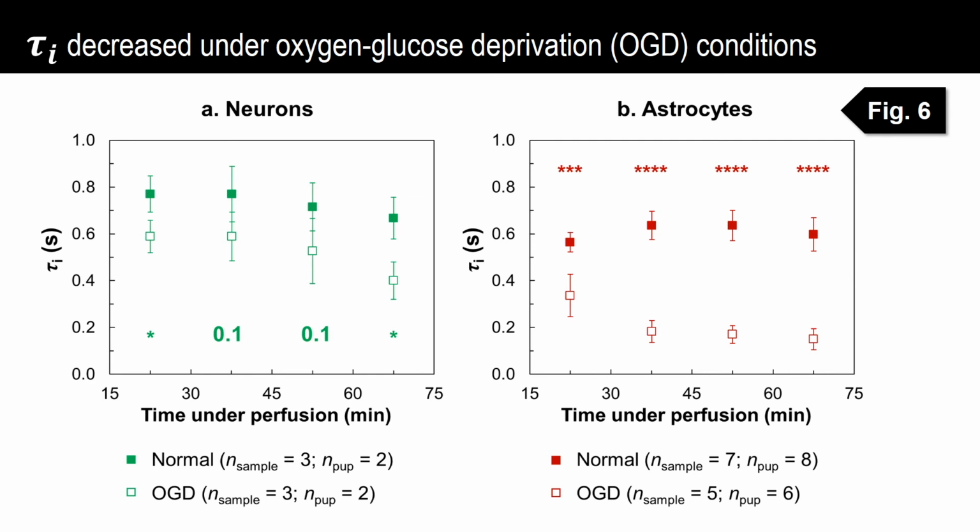The observed decrease in tau I here will have an impact on the previously mentioned applications to the MR measurements in the CNS to the extent that the oxygen-glucose deprivation can capture the essential features for ischemic injury in vivo.